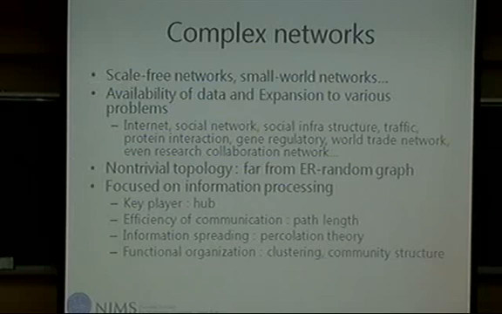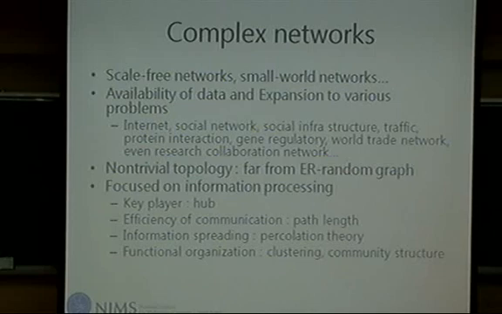Scale-free networks and small-world networks became very popular nowadays because of these studies. And this study was possible when the data was available. Because data was available, the study expanded to various problems like the internet, social networks, social infrastructures, traffic, protein interaction, gene regulation, etc. This kind of network can be analyzed because data was available.